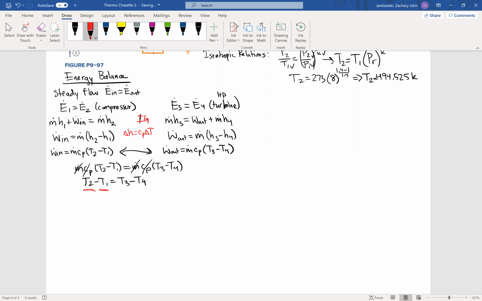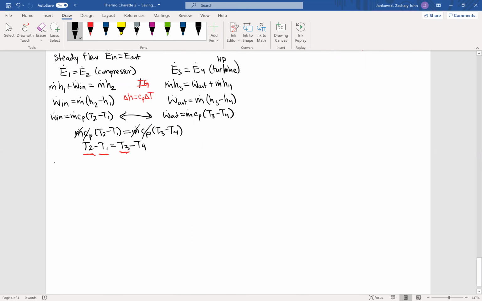Now, we know our T1 and T2 from our initial conditions in the first problem that we solved up here. And we also know that our T3 is equal to our Tmax term from the T-S diagram that we drew at the beginning. So with that said, we can solve for T4 and note that T4 is equal to our T3 term of 1500 Kelvin plus our T1 term of 273 Kelvin minus the temperature that we solved for in the last part of 494.525 Kelvin.